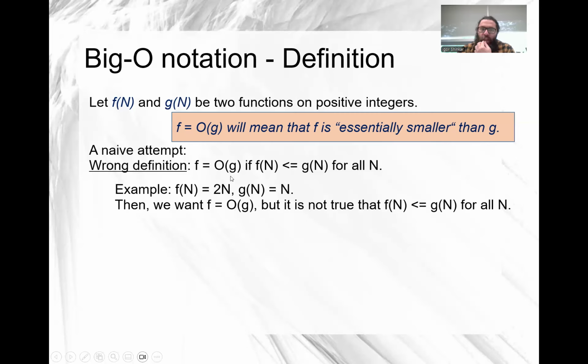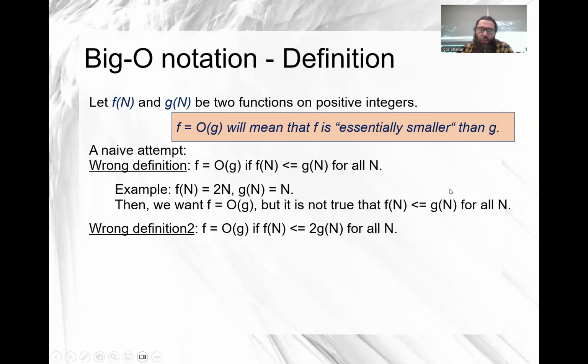Okay, so this first attempt, defining f as less than g pointwise, for every n, is not the right definition, because I wanted to ignore the factor of 2, but it doesn't. It just says f is less than g for all n. So it doesn't work. So how about we modify the definition.